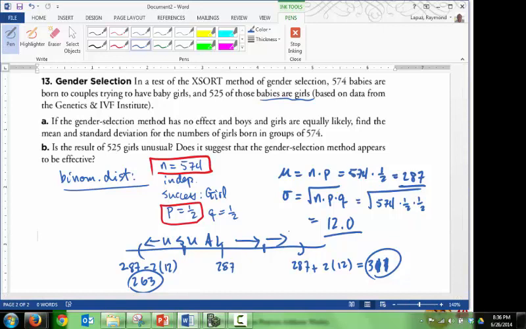So if we had 574 babies born, out of those 574 babies, it would still be kind of usual to have 311 girls on the high end of it. Or it would still be usual if we had 263 girls on the lower end of the spectrum. So these are your usual values.